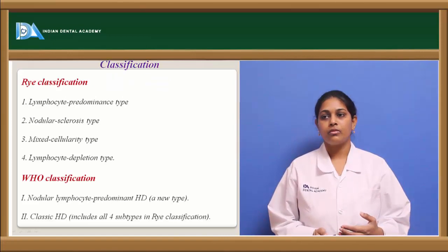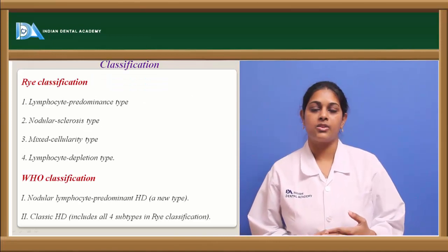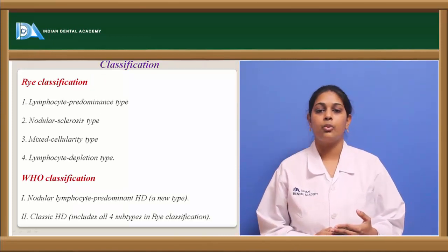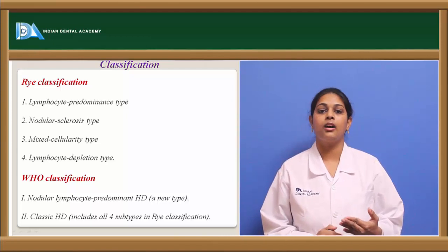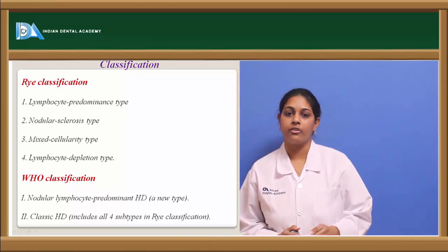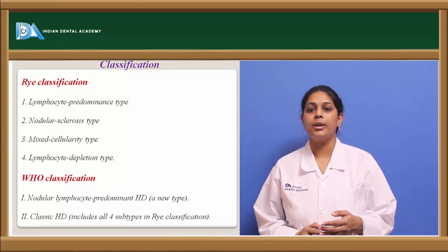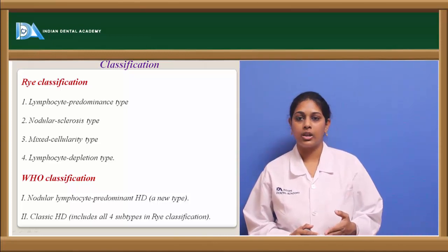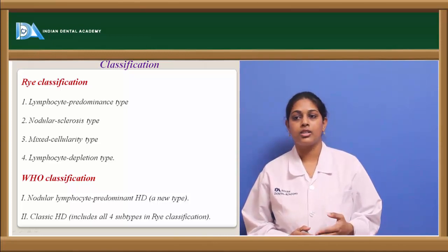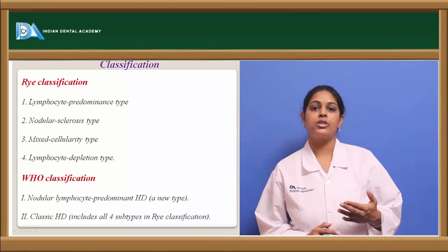Coming to the classification, it has been classified under two systems: the Rye classification and the WHO classification. In the Rye classification, there are four groups: the lymphocyte predominance type, the nodular sclerosis type, the mixed cellularity type, and the lymphocyte depletion type.